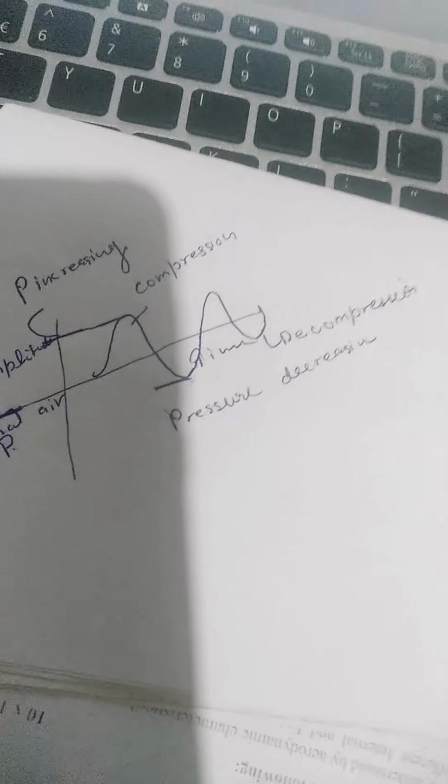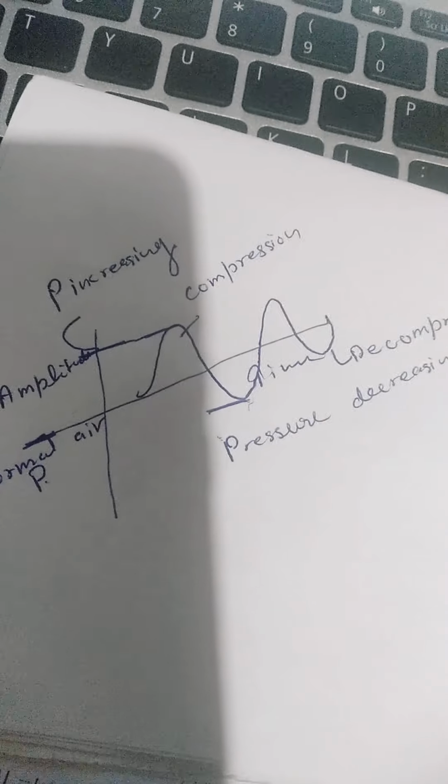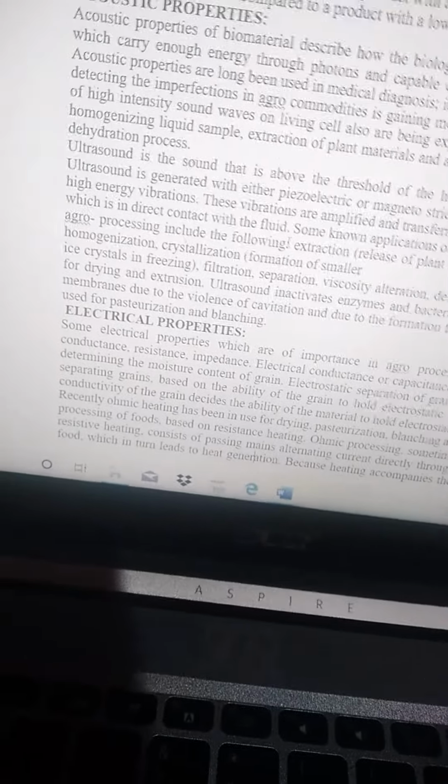Vibration can be produced by our vocal cords, so we humans produce vibration like a musical instrument. So longitudinal waves are basically responsible for sound production.